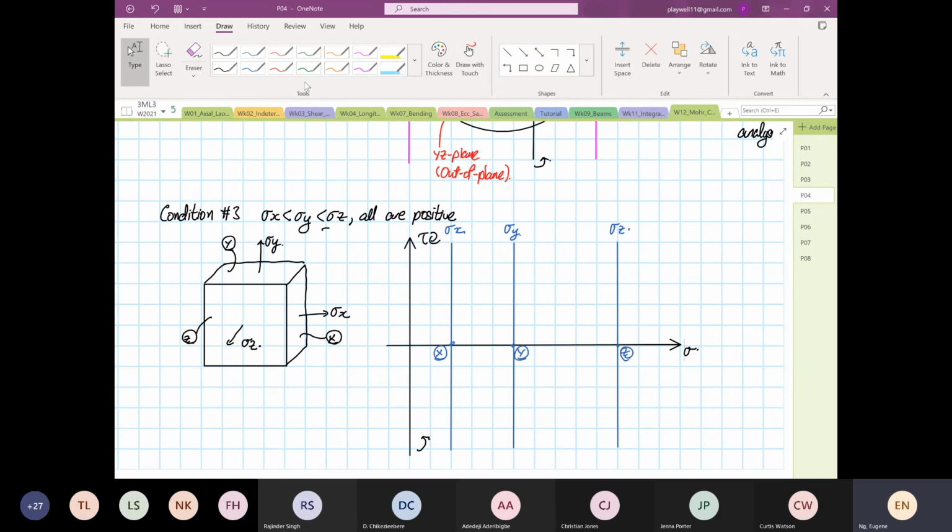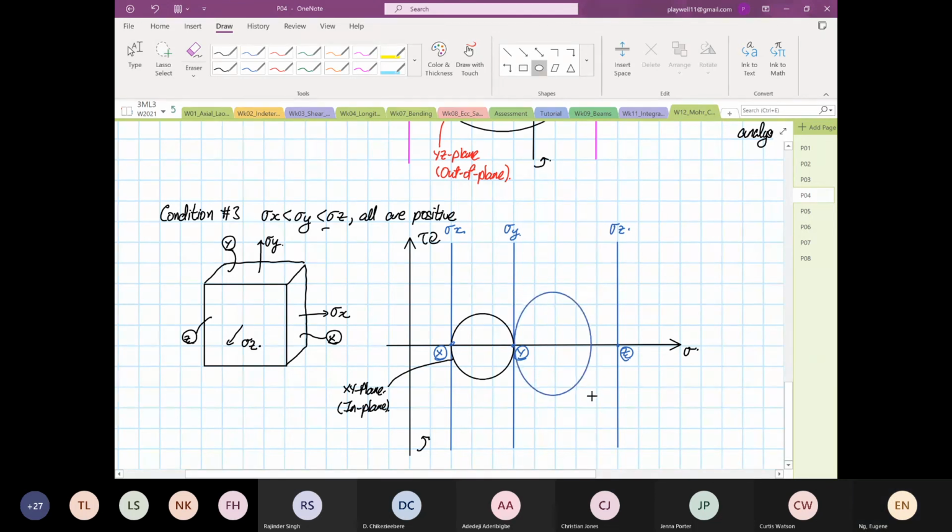So our first circle in plane. This is our XY plane. This is our in plane. And then we have YZ, and this is out of plane.